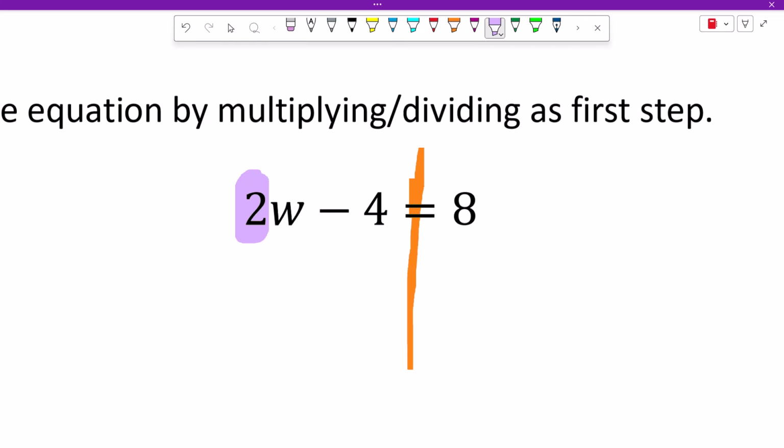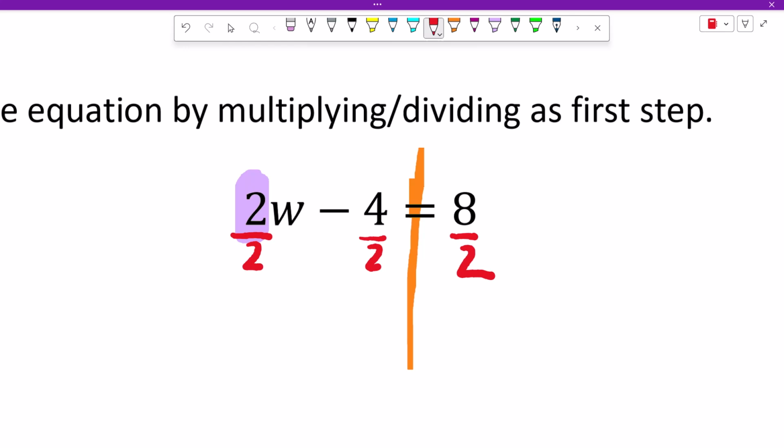We just do the opposite calculation. That's multiplying by 2. The opposite of multiplying by 2 is divide by 2. So you go divide by 2 here, divide by 2 here, and divide by 2 here.